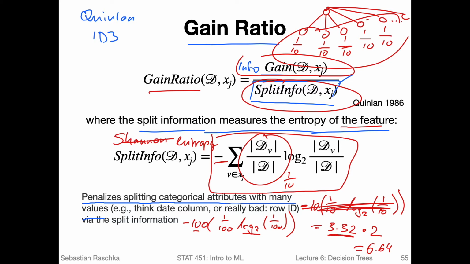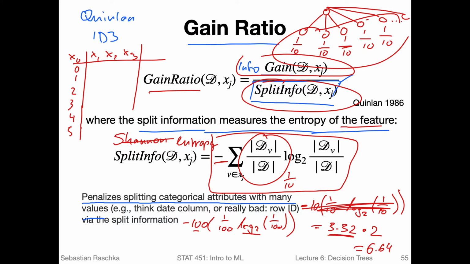So imagine we have our training data set with all the feature values, and then we forgot to take the row index out of the data set. So this will be then our feature x0, and every example will have a unique row index, and this would be a very good splitting criterion if we use a regular information gain.